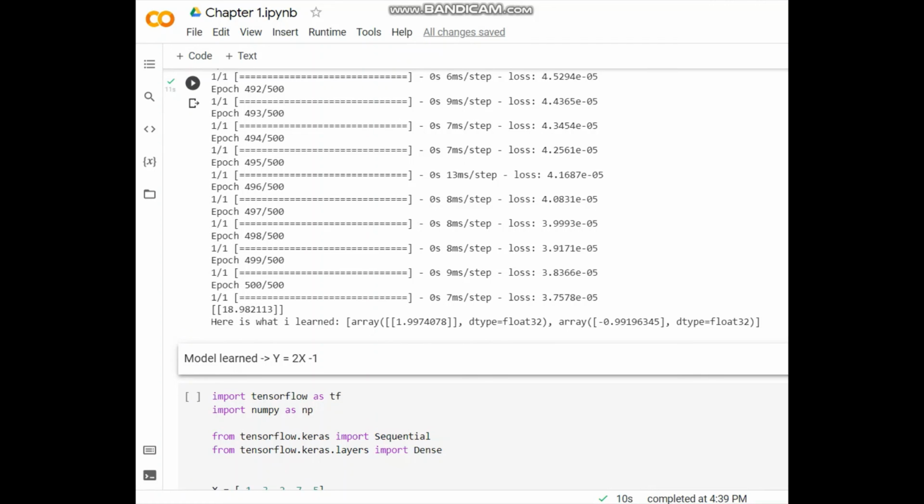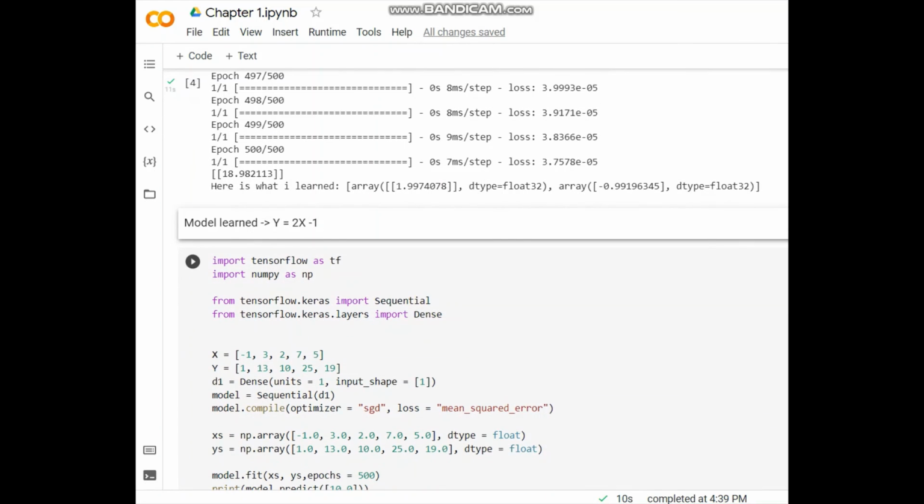So it satisfies our condition of y is 2x minus 1, with the loss being as small as 3.757 times 10 to the power minus 5. So there is still some loss, it's not 0, that's why we haven't got exactly 19. We are near to 19 but not exactly 19.